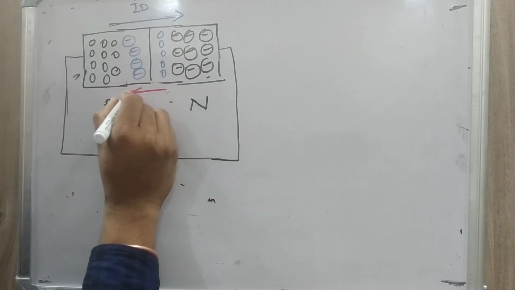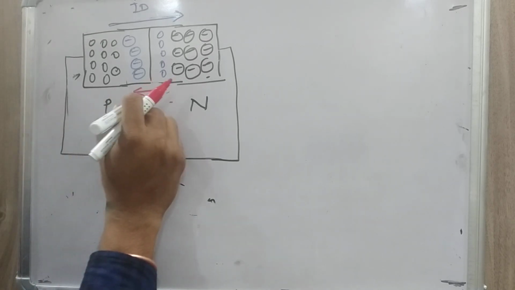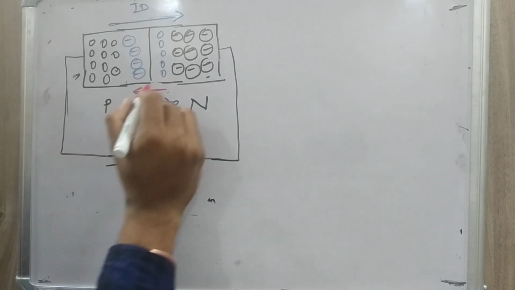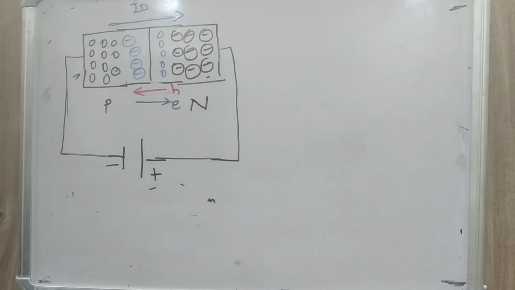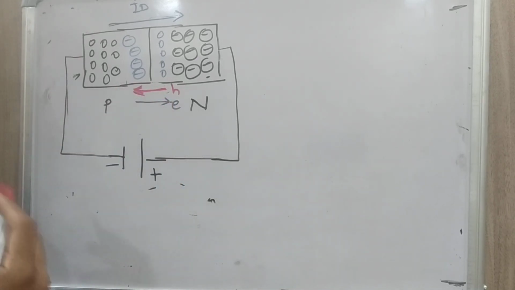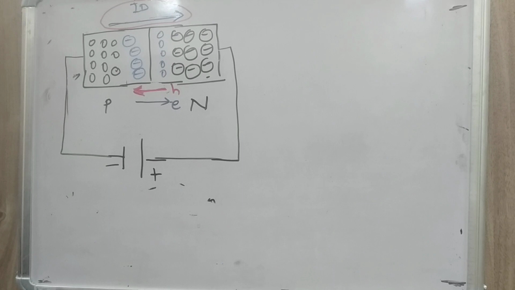So holes have to move in this direction, and electrons have to move in this direction. So this is electron and this is holes. Now if we see the conventional current direction, which is the positive, current has to flow in this direction. Earlier, when the diode was forward biased, this was the current direction, right? Conventional current direction.